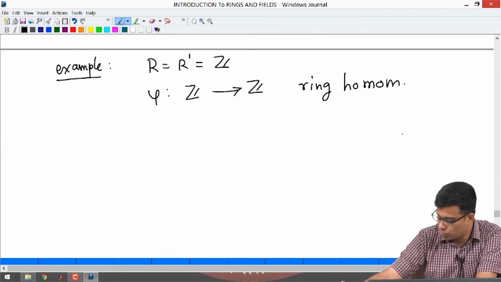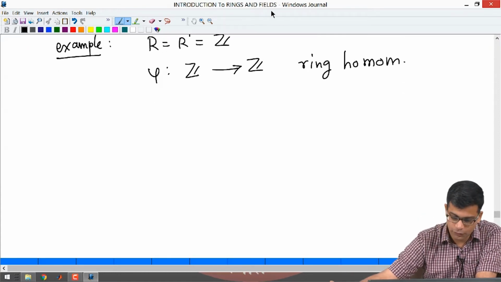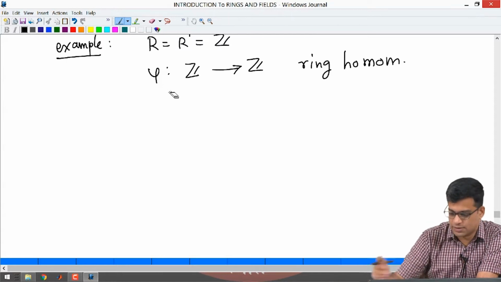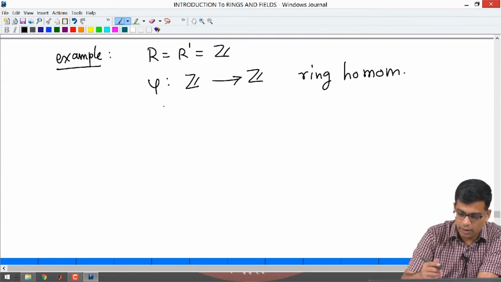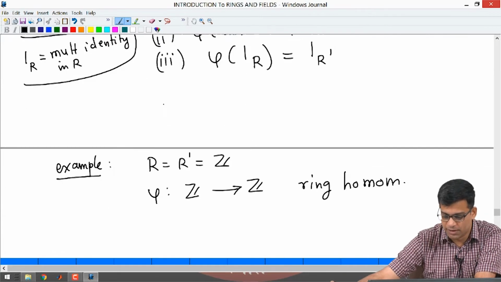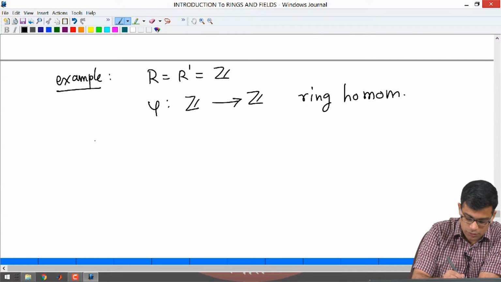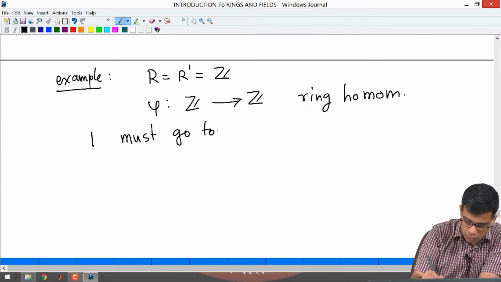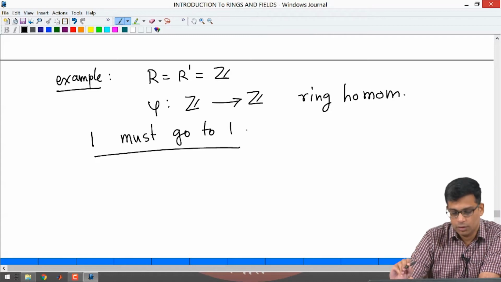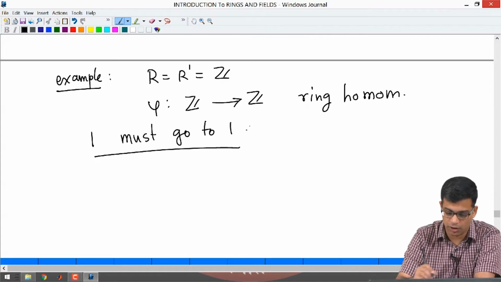Let us try to build up a ring homomorphism using the three properties. We are already told that 1 must go to 1. So, there is no choice. The integer 1 must go to the integer 1 under phi.